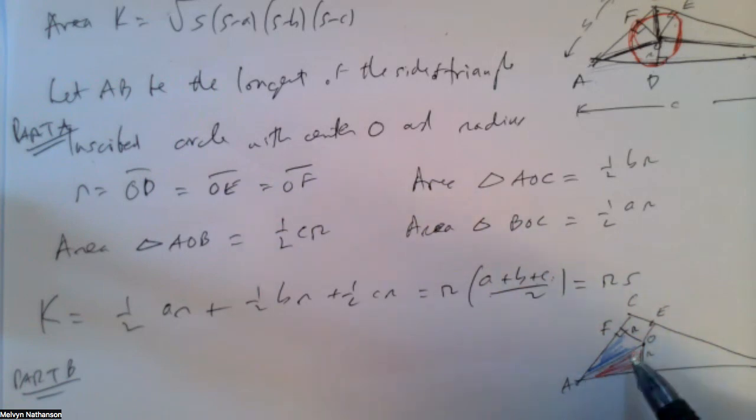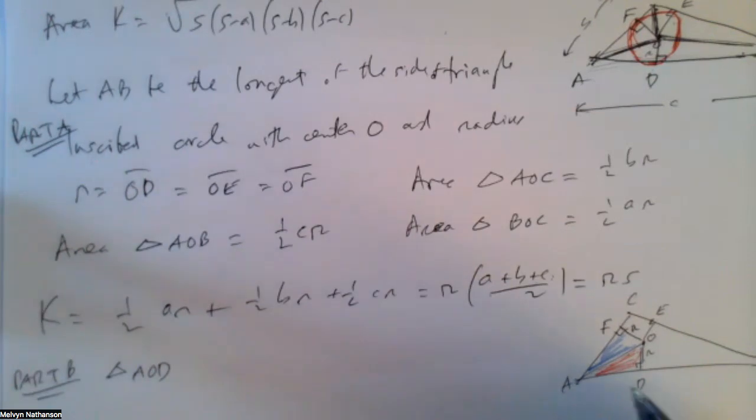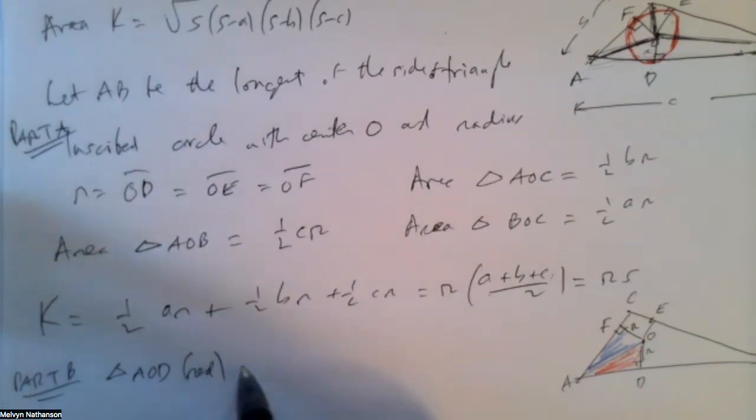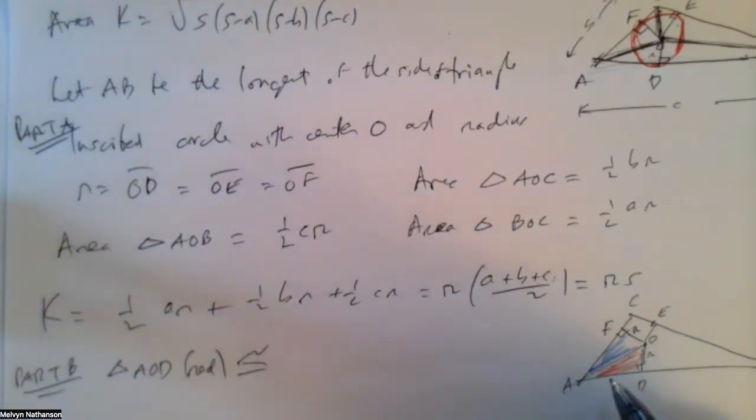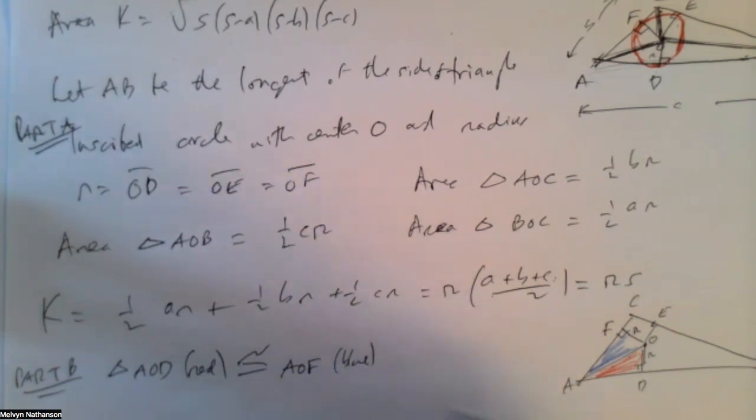They share the hypotenuse, and this leg is the radius. So if you have 2 right triangles and 2 sides are the same lengths, the third sides are too, and these are congruent triangles. So triangle AOD, that's the red triangle, is congruent to triangle AOF.